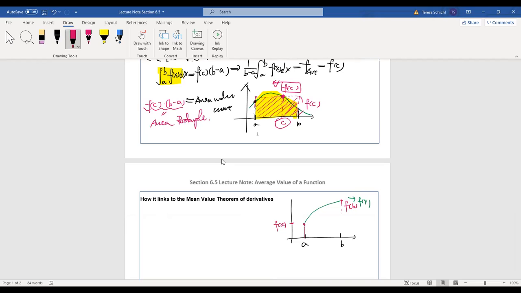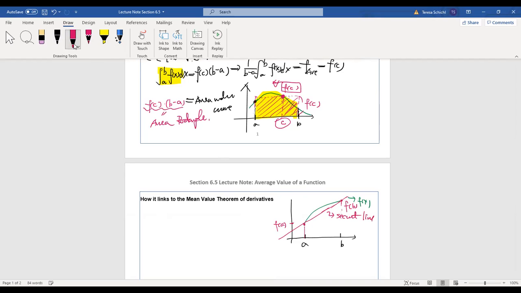So if you connect these two, what are we going to get? This is what we call the secant line, right?